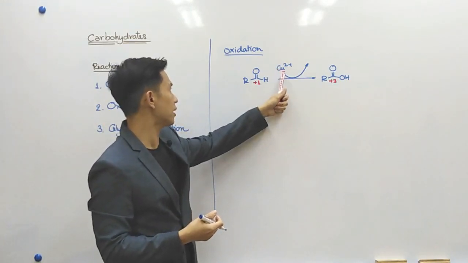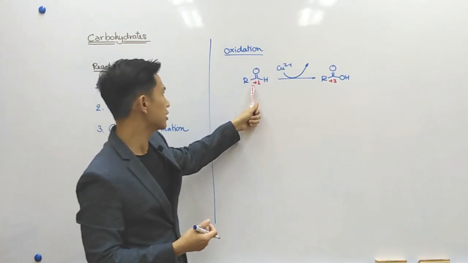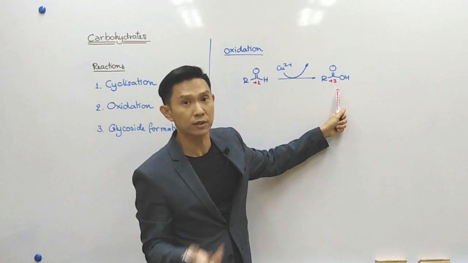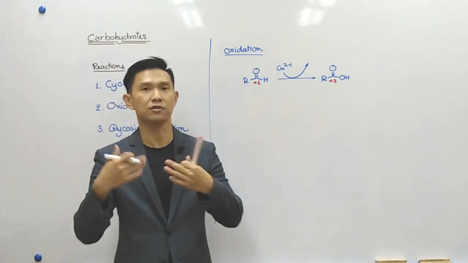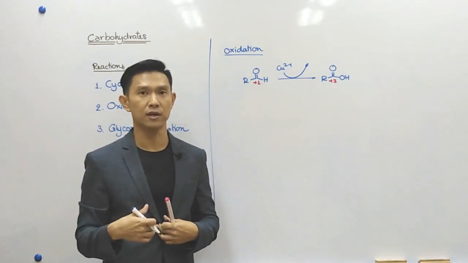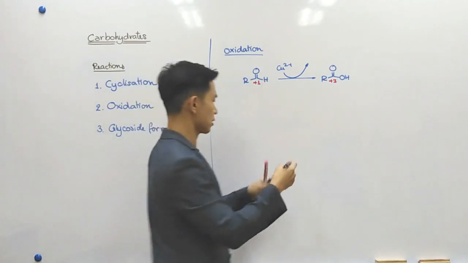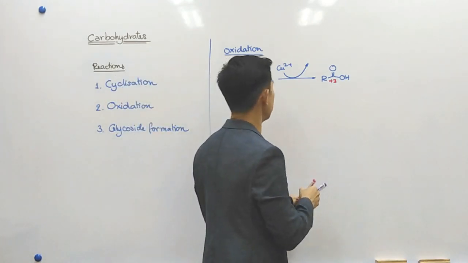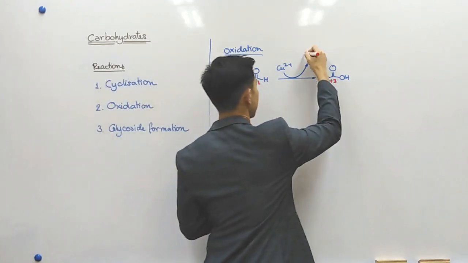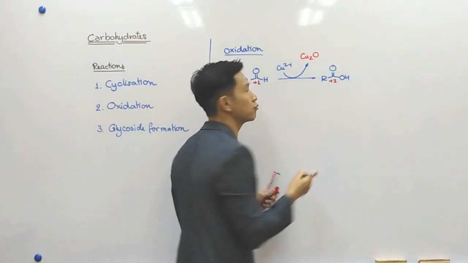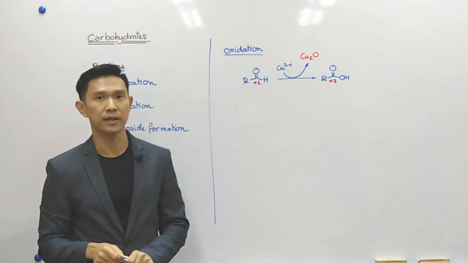So this copper takes electrons from your carbon atom and oxidizes it from +1 to +3. So your copper is reduced because it takes negative charge toward itself. So instead of 2+, the oxidation number is reduced. Normally your copper 2+ is precipitated out as copper 1 oxide in red color. And this is called the Benedict test.